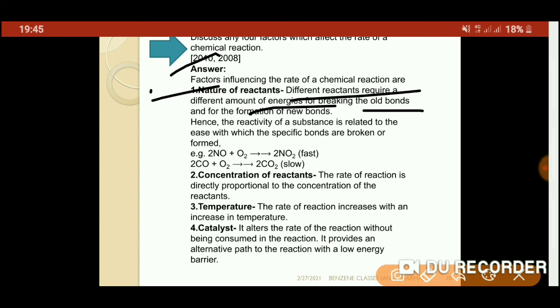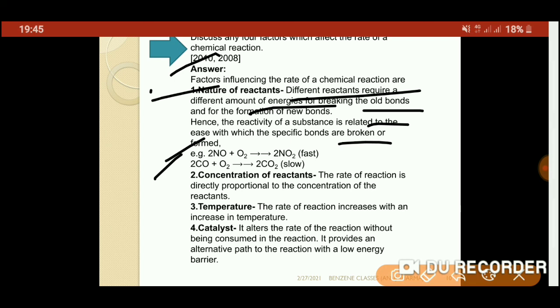Hence the reactivity of a substance is related to the ease with which specific bonds are broken or formed. Check also the examples: 2NO plus O2 equal to 2NO2 is fast, and 2CO plus O2 equal to 2CO2 is slow. So when you take different types of reactants, you get a different nature of reactant, because different reactants have different energies and participate in the chemical reaction, making the reaction faster or slower.